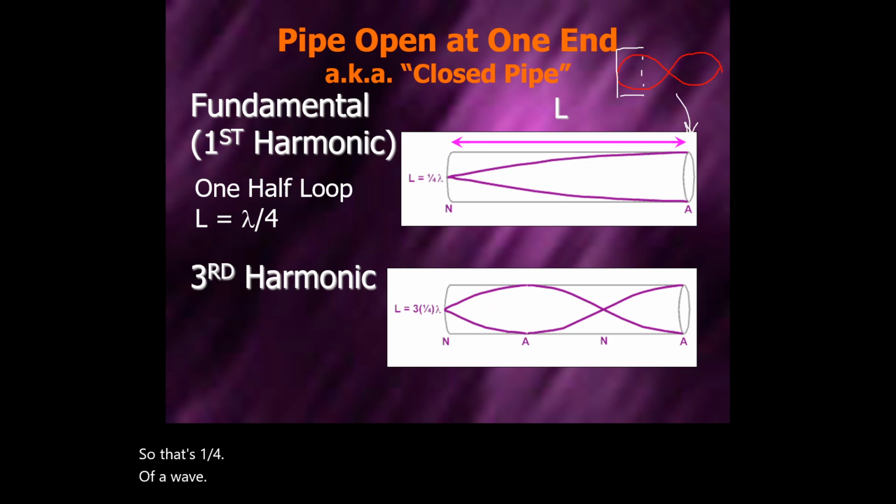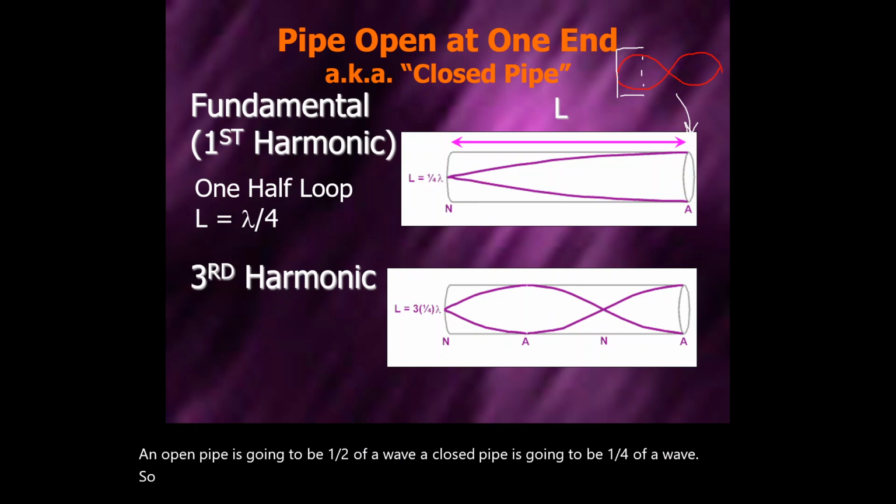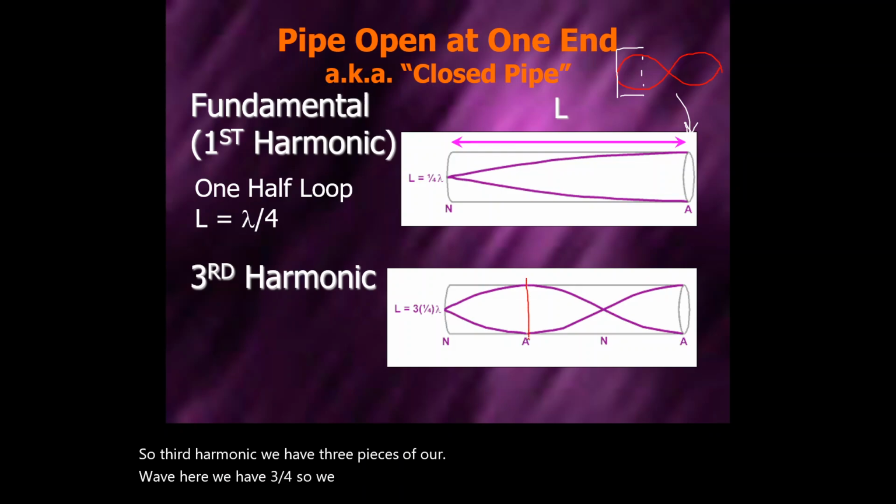So a string is going to be 1/2 of a wave. An open pipe is going to be 1/2 of a wave. A closed pipe is going to be 1/4 of a wave. So third harmonic, we have 3 pieces of our wave here. We have 3/4, so we have 1, 2, 3.